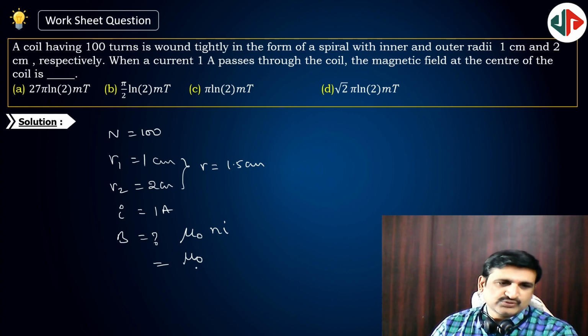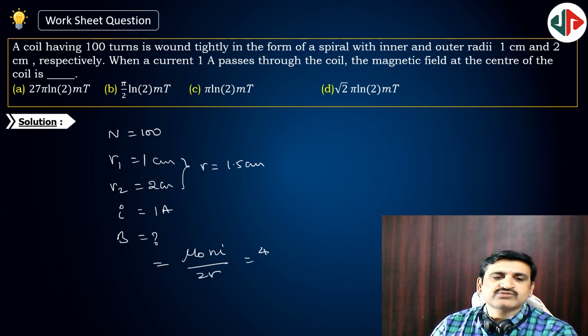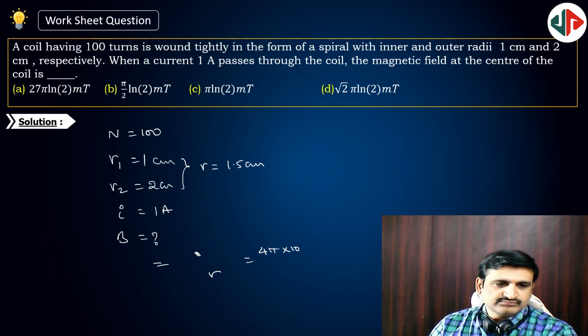B equal to mu naught N I is for only a solenoid, but this is not like that. So mu naught N I by 2R is the formula, with mu naught 4 pi into 10 to the power of minus 7. Even this one won't come correct, because it's a spiral, right? We need to go for integration, no doubt. We have no other option.